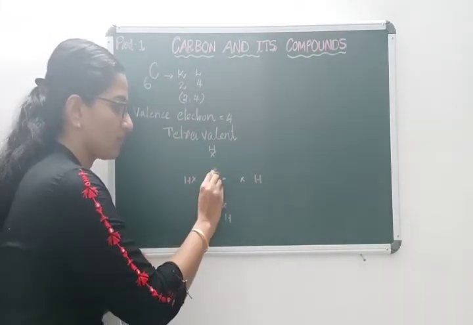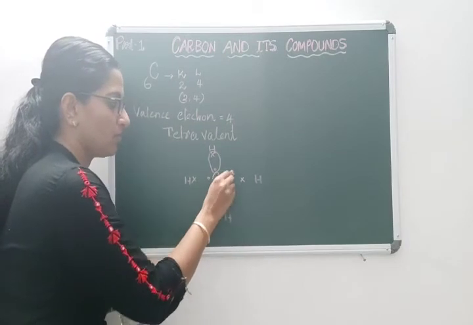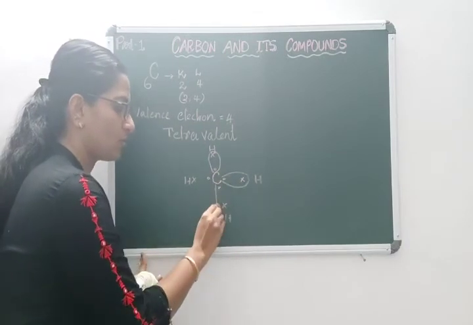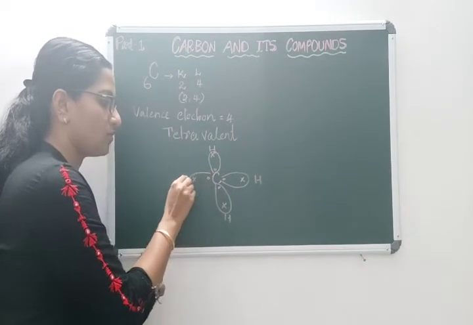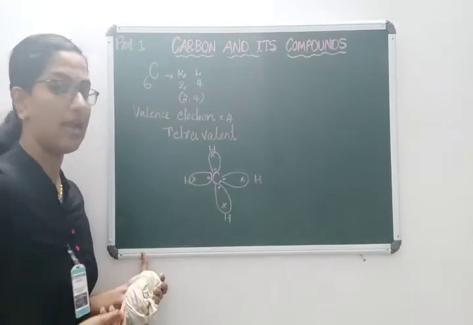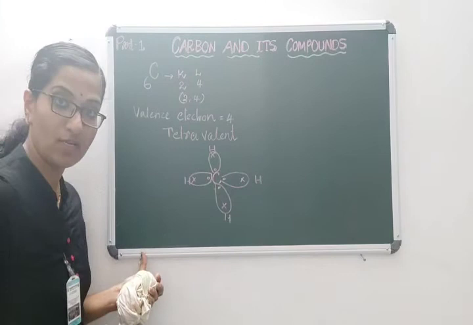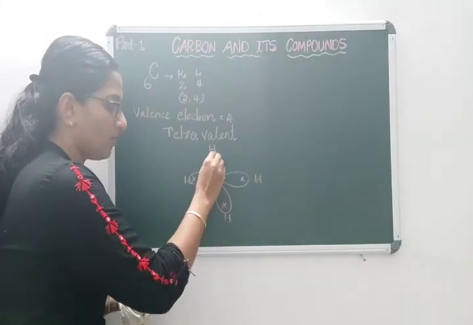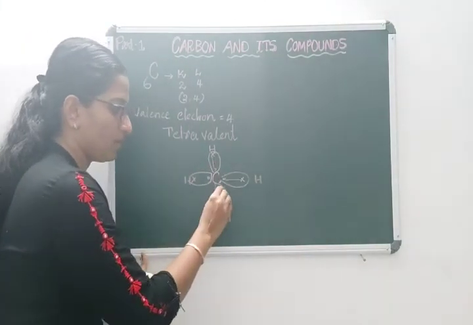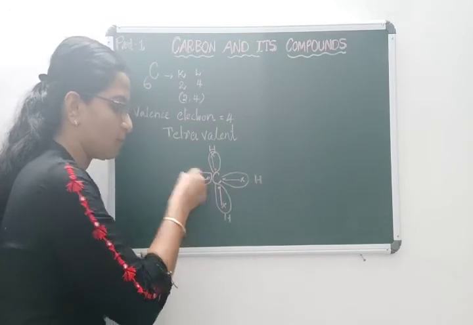Look at here. 2 plus 2. Total how many electrons? 8 electrons. Total how many covalent bonds? 1 bond, 2nd bond, 3rd bond and 4th bond.